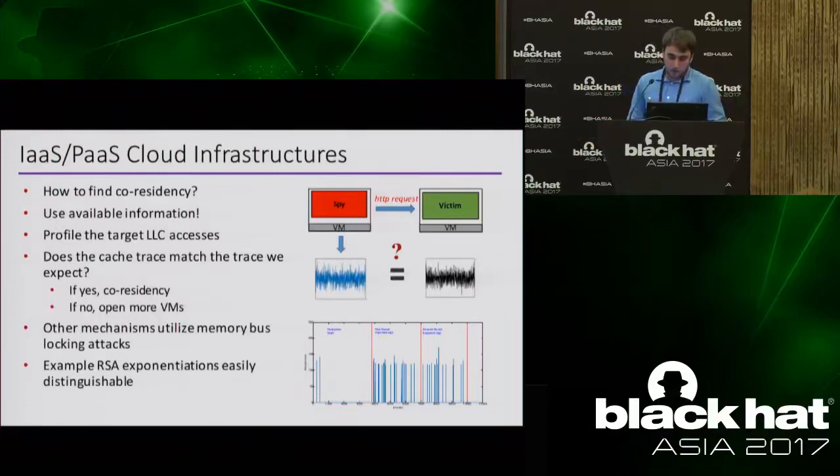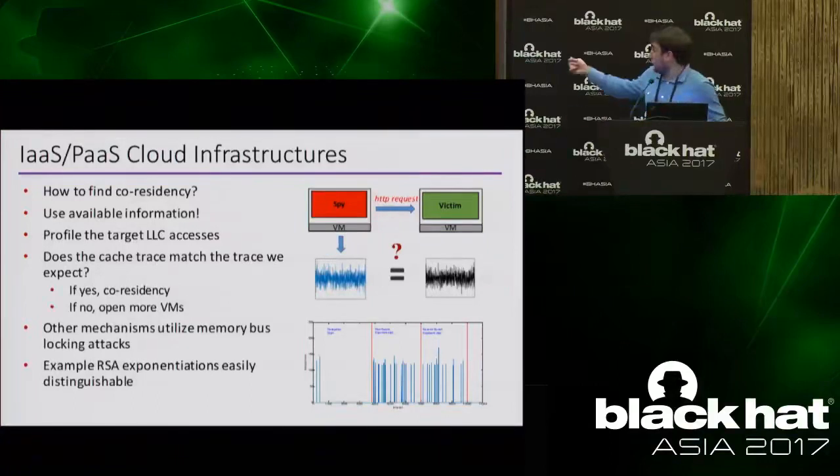We issued a request to that decryption server and tried to see whether the information we got from the cache matched what we expect for the RSA decryption server. If it does, we have achieved co-residency. If not, we have to open more VMs. We had to spend quite a bit of money and time on this, but finally, with a number of VMs, we were able to find a co-resident one with the target.